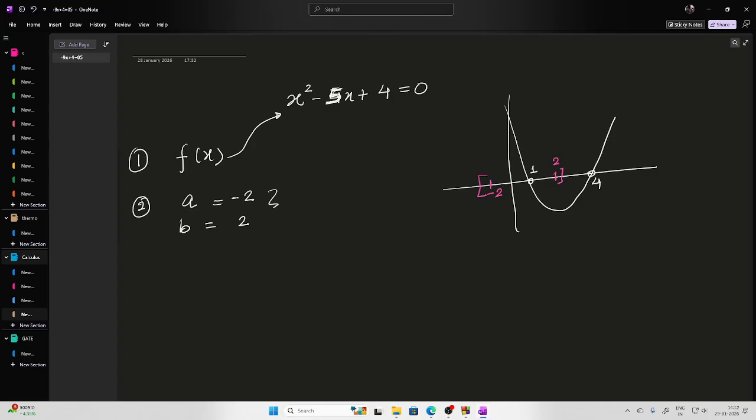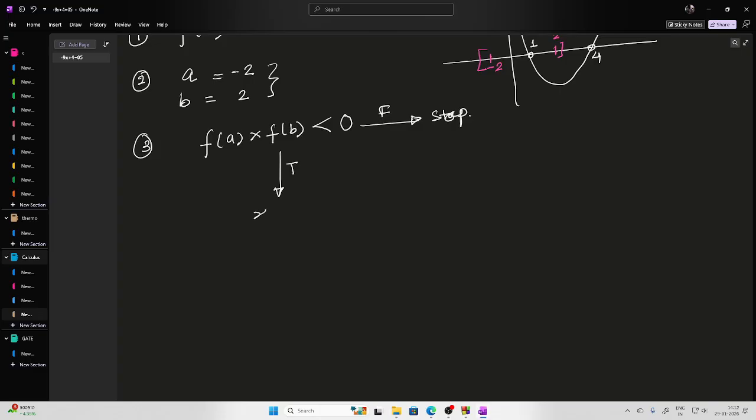Once you have the bracket, you should check whether that bracket has any root or not, and you can know this by finding the value of the function at both extremes and multiplying them. If this multiplication comes out to be negative, that means a root is there in the bracket. And if it is false, then you have to stop by saying that the root does not exist in this particular bracket.